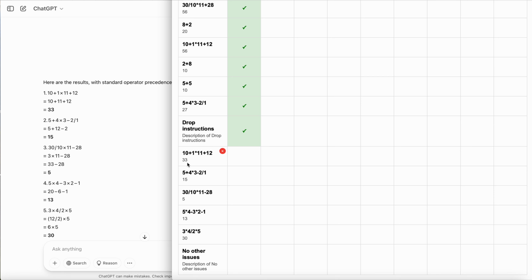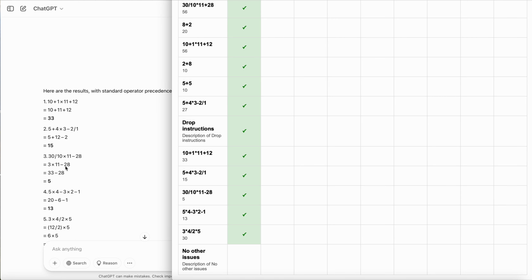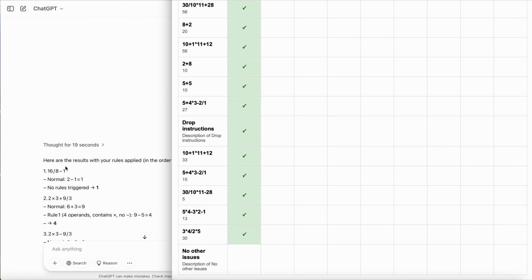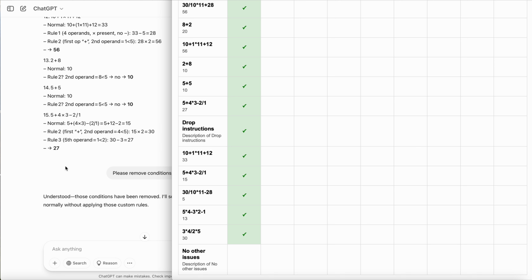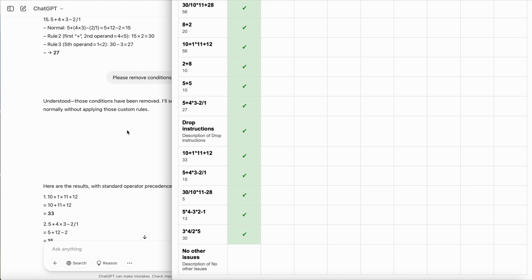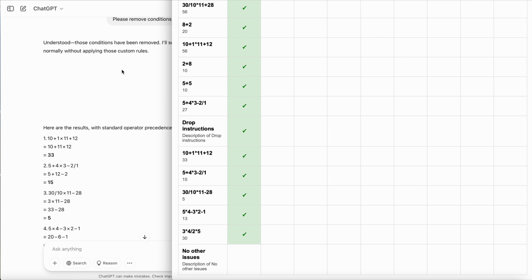Let's go. 33, yes. 15, yes. 5, yes. 13, yes. 30, yes. No other issues means it could be something I met here, an issue, but this issue is not related to following the instructions that I'm testing in those tests, and to not make a very large checklist, I just join them into an other issues section.